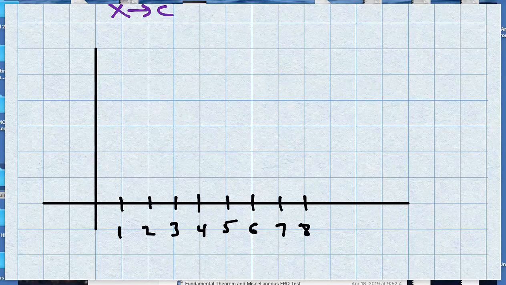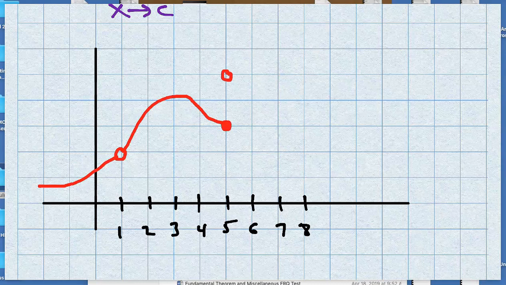I won't even label the y-axis. Let's say I draw a graph that comes into here, and there's an open circle there, and then it goes out, and then maybe it goes to here, and there's a dot there, but then we jump up to here, and we have something like this.